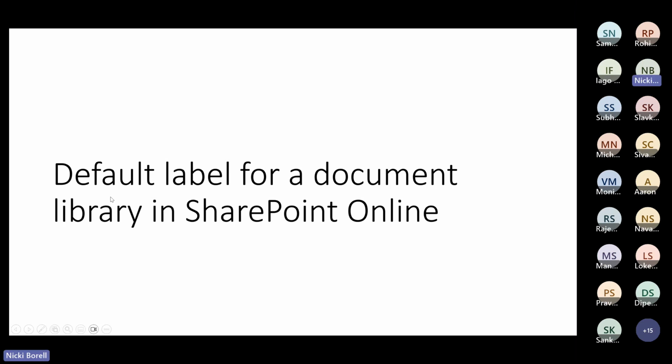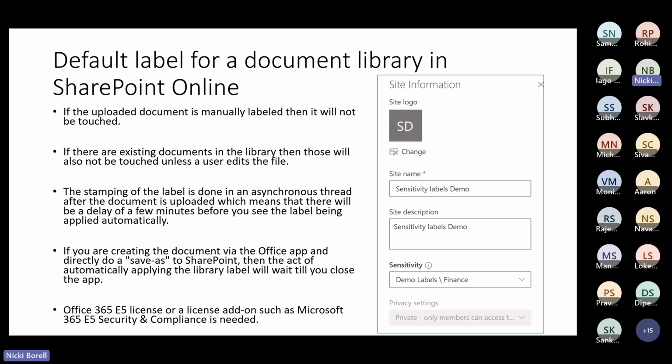Okay. So another capability, and definitely another scenario from a business process or end user perspective, is the default label capability for a SharePoint Online document library. This is a feature we have had since, I think, last year, and it gives us a chance to configure a specific so-called default label for a SharePoint document library.